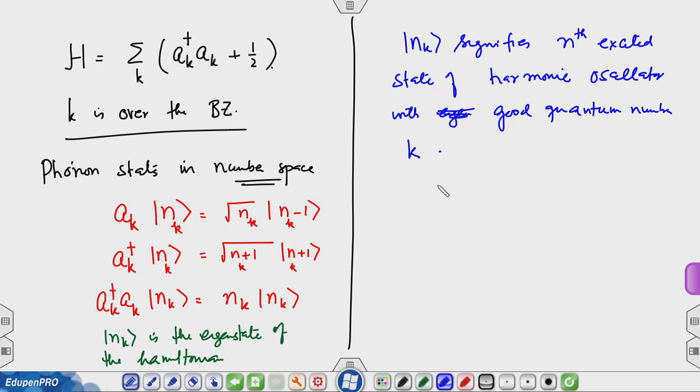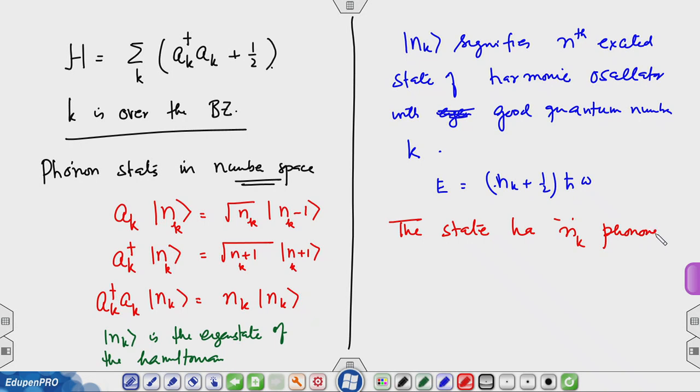So, the energy is (n_k plus a half) h cross omega. So, this we also say is that the state has n_k phonons, exactly like we do in electromagnetic theory, that there are n photons. Now, we are saying n phonons.